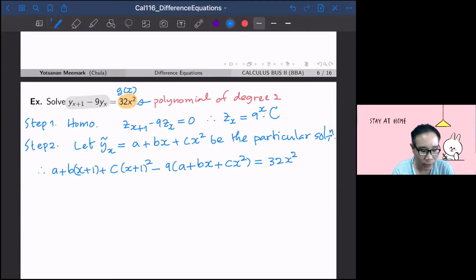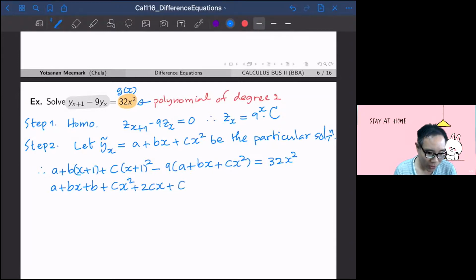So you have a plus b(x+1) plus c(x+1) squared minus 9(a plus bx plus cx squared) equal to 32x squared. Okay, so help me check the numbers. So you have a plus bx plus b plus c times (x squared plus 2x plus 1).